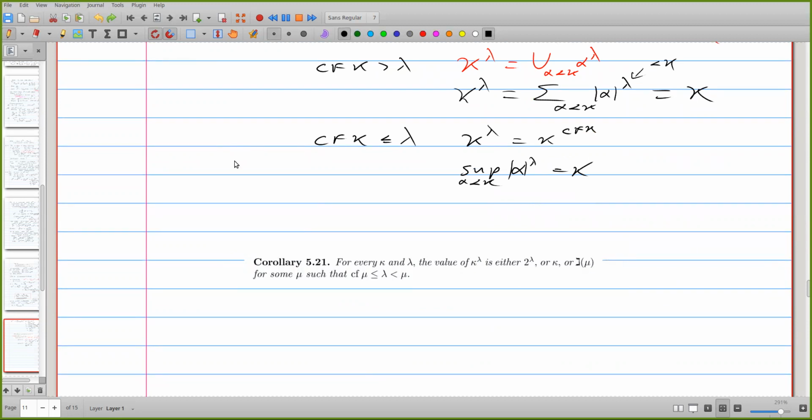I'll have not much to say about that, but this tells us that this Gimel function is really important. What can our power be? Well, it can be 2 to the lambda, when 2 to the lambda is way bigger than kappa itself. It can be kappa.